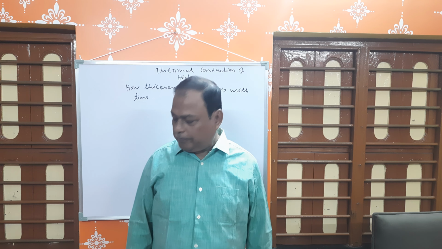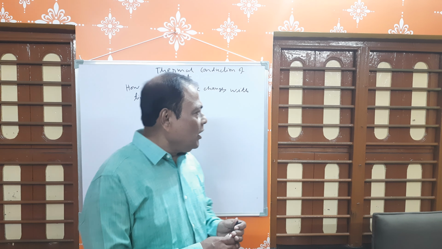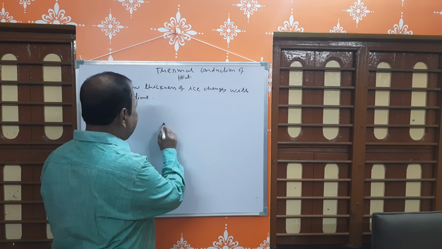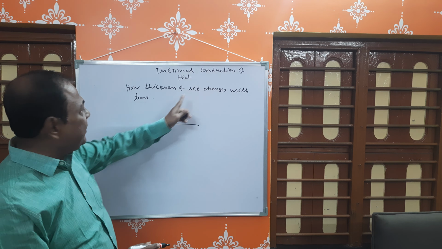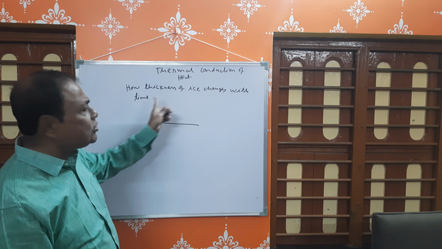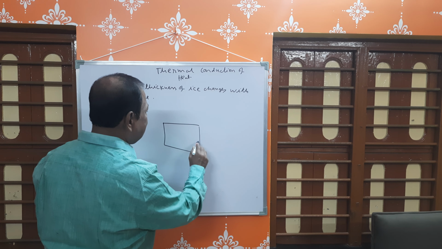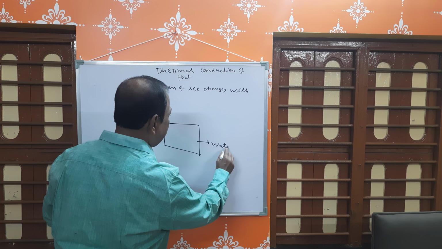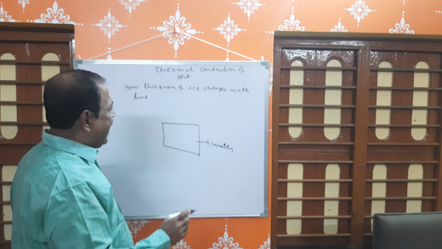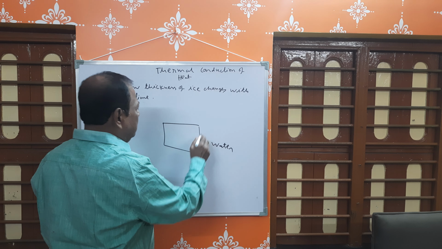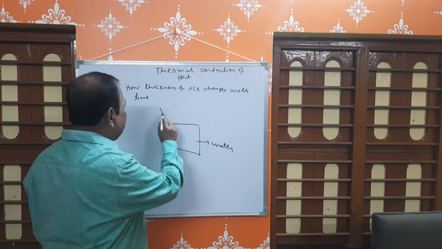Now you know this is the thermal conductivity of the heat and how thickness of ice changes with time. I am discussing. This is the water in the lake, and suppose the ice has been formed here.